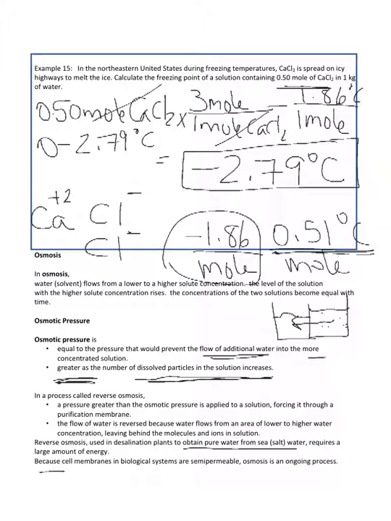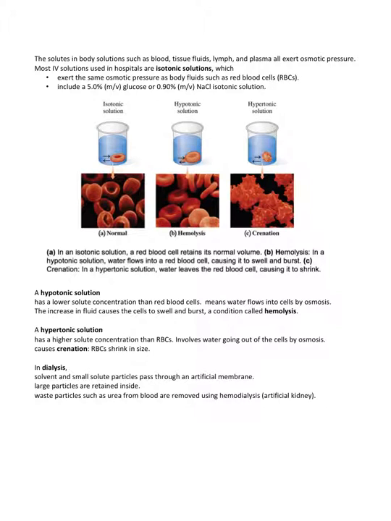Cell membranes in our bodies are semi-permeable. So osmosis is an ongoing process that happens in your body on a daily basis. Water flows in and out of your cells depending on the concentration differences between your cell and the blood. In your body, you have solutions containing solutes, such as blood, tissue fluids, lymph, and plasma.